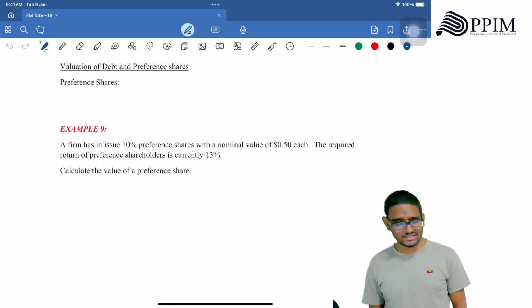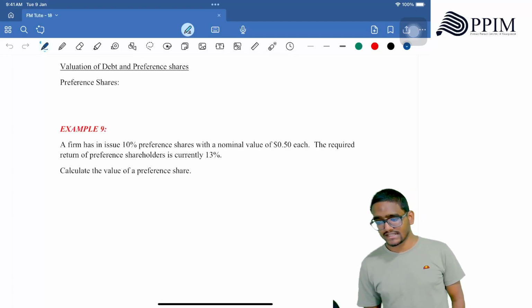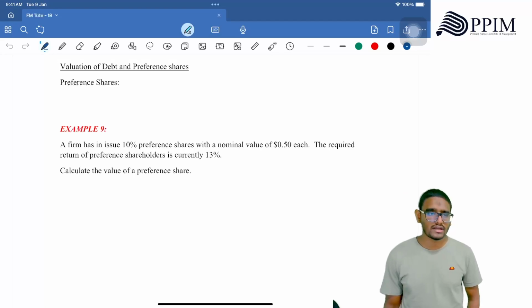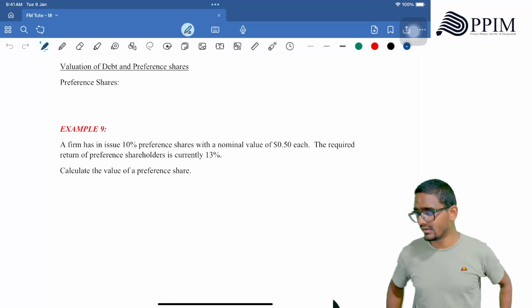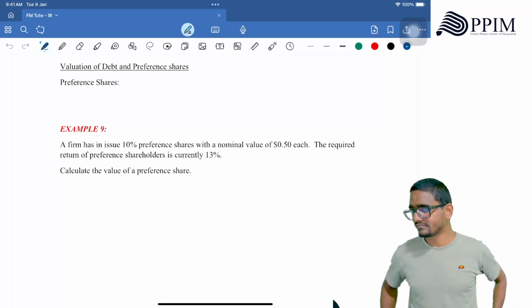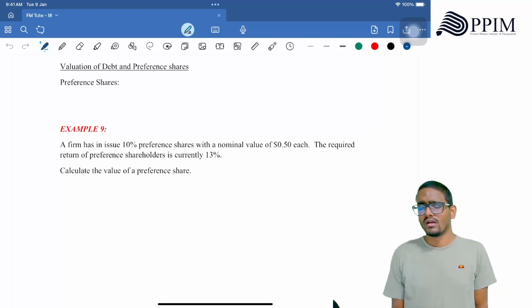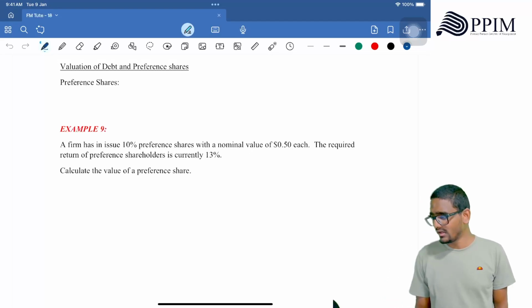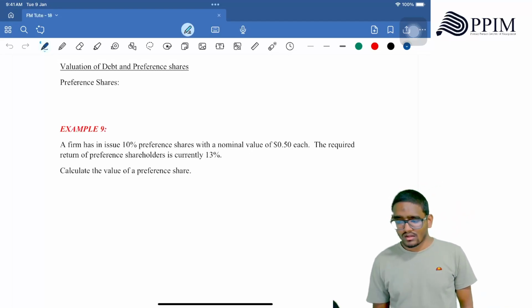This last section, which is valuation of debt and preference shares, is something that we will quickly cover. It won't take us too long because these are basics that we've learned in cost of capital. 19 is ratios, so we'll do a question covered of that, right? Okay.